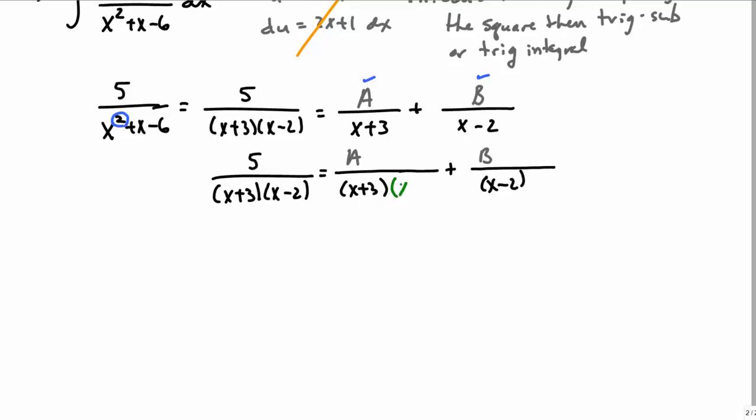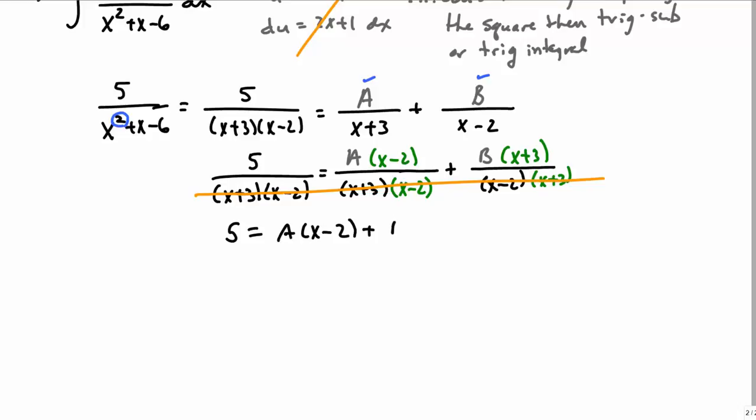So I'm going to multiply by my missing factor, which would be x minus 2 top and bottom. And over here, it would be x plus 3 top and bottom. And again, I'm just finding a common denominator. Now, once you find a common denominator, what you can do is just totally drop it. So the idea, after I have a common denominator, is I can just equate the numerator terms. So my expression is 5 equals A times x minus 2 plus B times x plus 3.